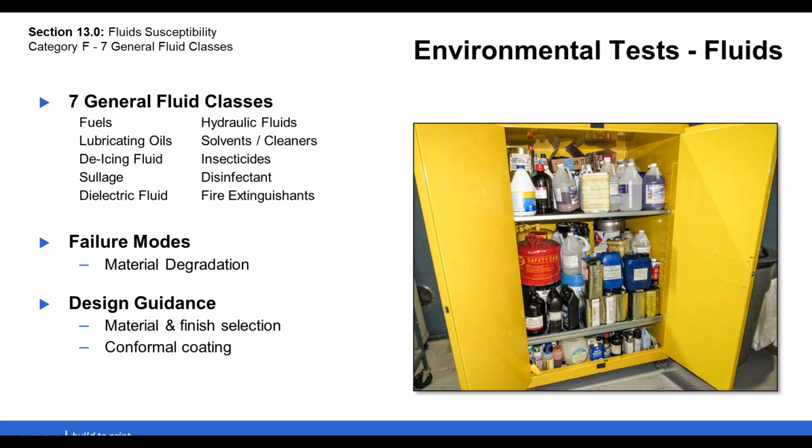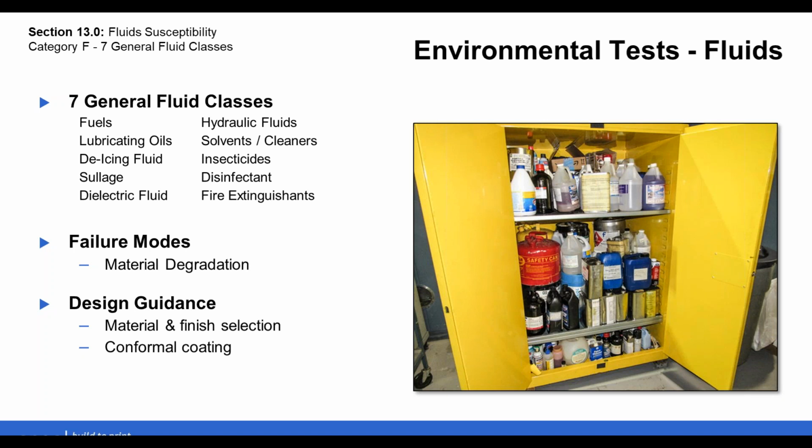It's either with a spray or a submersion of your unit into these fluids and chemicals. Some of those tests also incorporate a bake cycle where you're subjecting your unit to a spray, baking it at temperature for a period of time, pulling it out, and repeating the process.